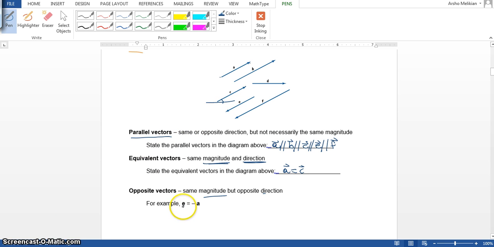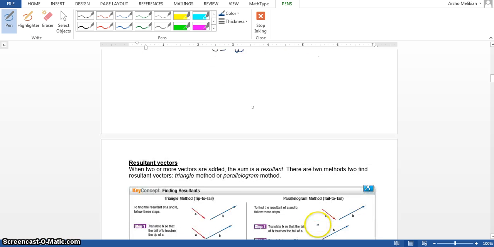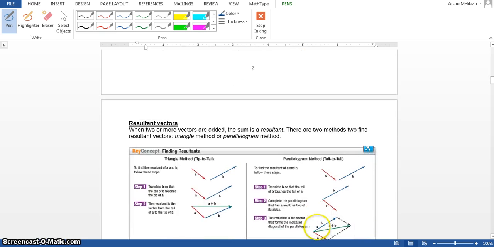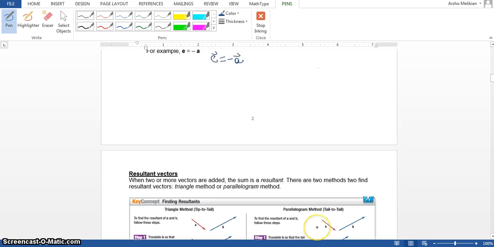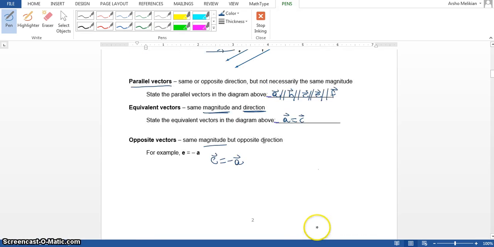The way we write that is we say vector E is the negative of vector A, meaning they are opposite vectors. So that was a lot of terminology and vocabulary.